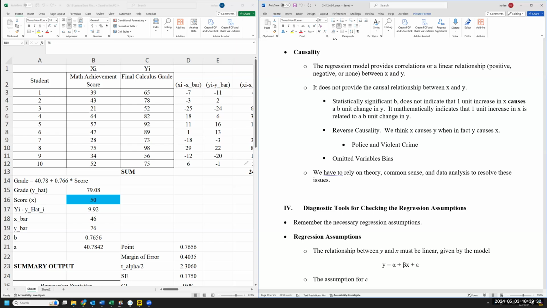All right. So suppose we had a situation like this. We collect data on the number of policemen, and we also collect data on the number of violent crimes.